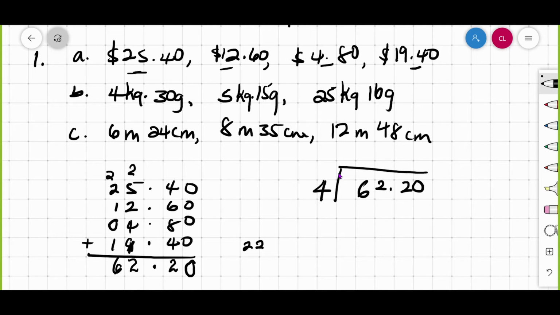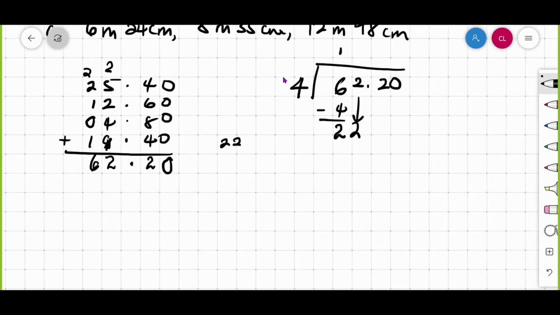So let's go with this. 4 into 6 would go 1 time. 1 times 4 is 4. Subtract, I get 2. Bring down, I have 2. 4 into 22. How many times? How close can I use 4 to get to 22? Anybody?